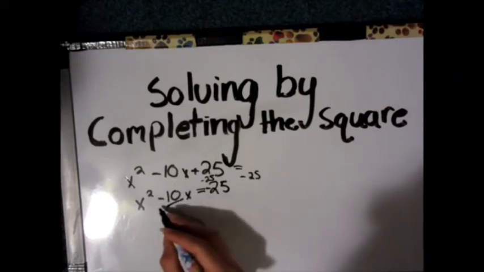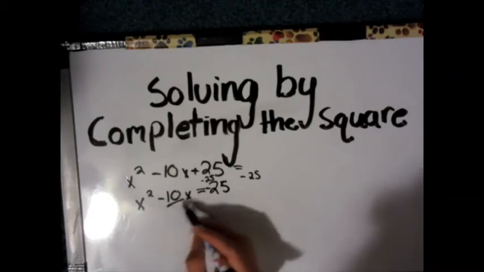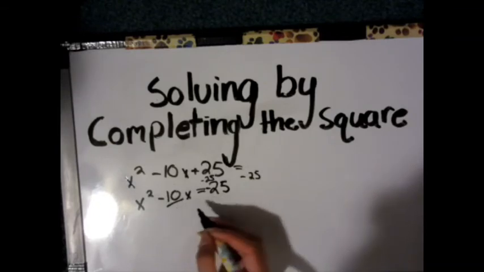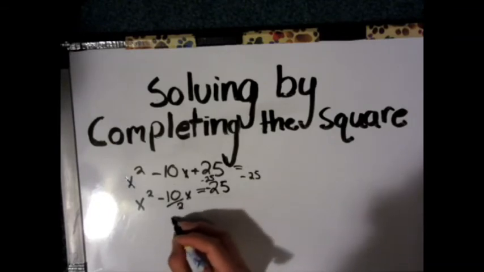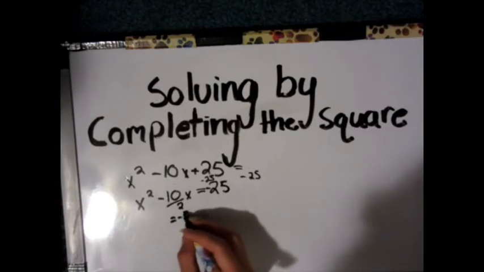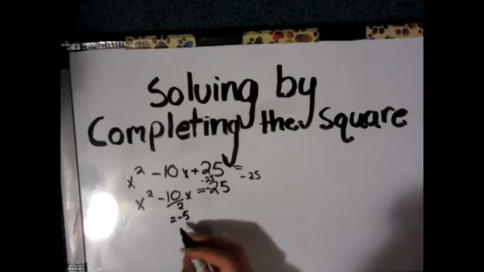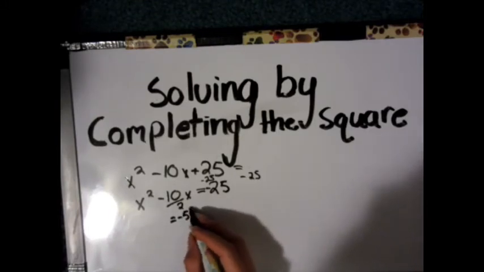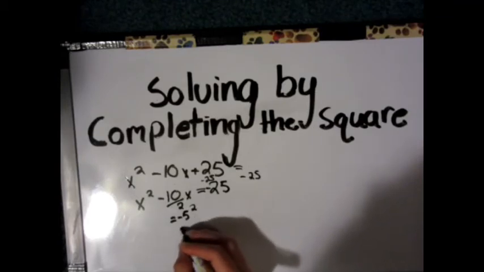So to do that, you're going to divide the b term in a standard form equation by 2, and in this case you'll get negative 5, and then you're going to square that, so you get 25.